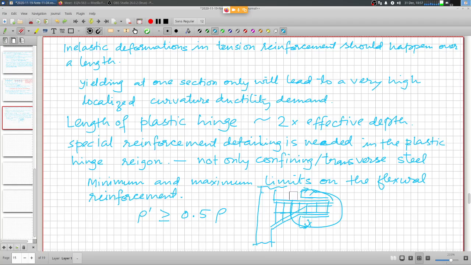Okay, not here. So this is the plastic hinge region, and that is where you need maximum curvature ductility, and the special confining reinforcement is required to increase the higher compression strain that the concrete can accommodate.